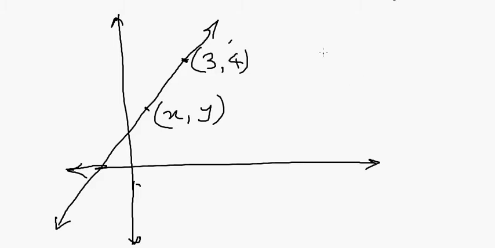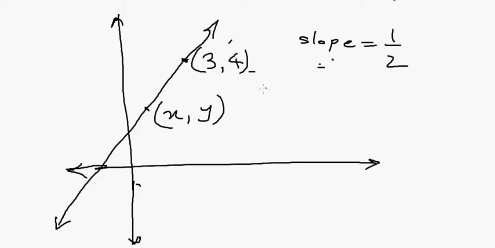I don't know. But one thing I do know is I know the slope. I've been given the slope of this line. Let's say the slope of the line is half, 1 by 2. So what I've been given is one point and one slope, and these are the only things given to me.